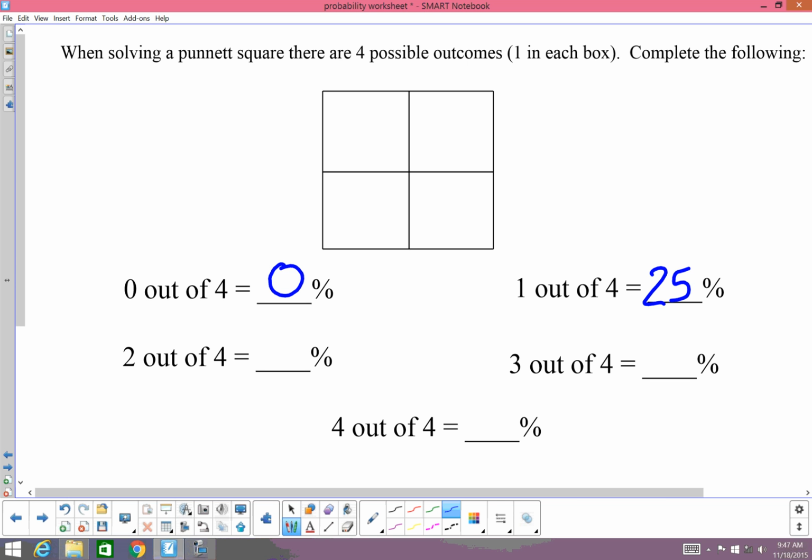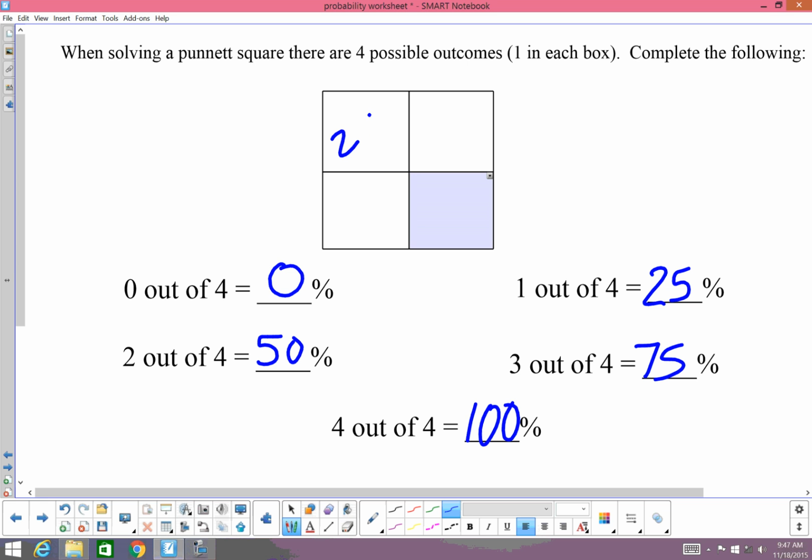So what would 2 out of 4 be? Got it, 50%. 3 out of 4 is, ding, ding, ding, 75%. And 4 out of 4 should be 100%. Okay? So again, each box is 25%. Let me write that down.